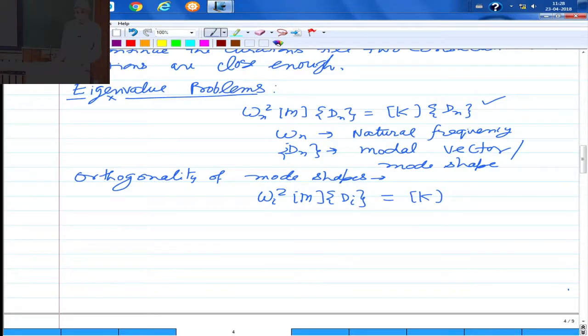Omega i gives you the natural frequency; that is, if the structure is disturbed in that particular mode, it is going to vibrate with that frequency and that particular shape. The shape is determined by di and the frequency of oscillation is governed by omega i. So this is the equation governing the ith eigenvalue and corresponding eigenvector di.